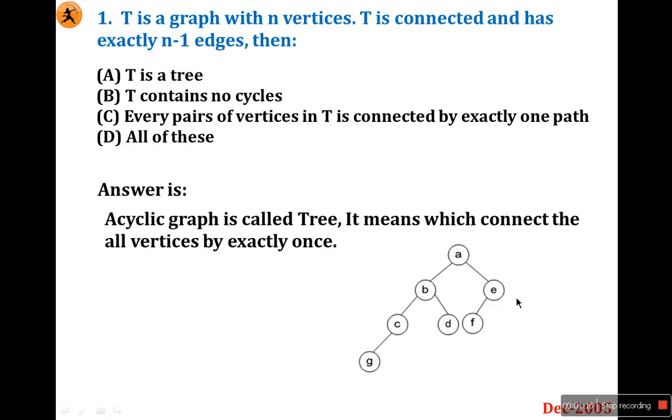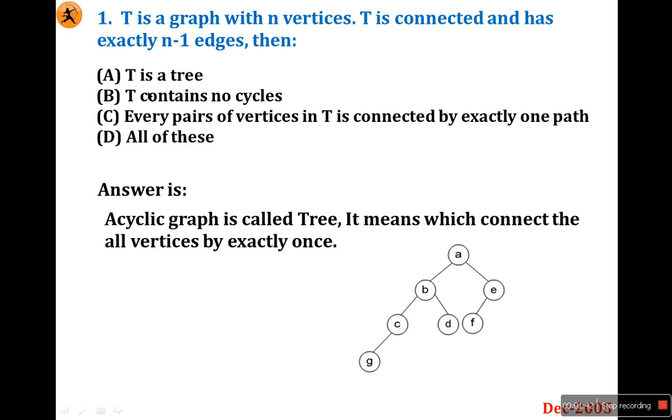Let us assume this is a tree: there are 7 vertices and exactly 6 edges. So n vertices, n minus 1 edges, so it is a tree. If T is a graph with n vertices, connected, with exactly n minus 1 edges, then it is definitely a tree.